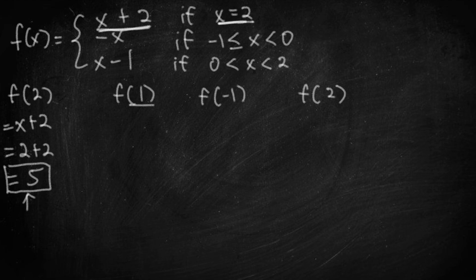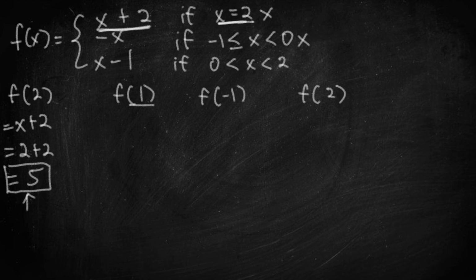Now, where the value of x is 1. So let us find the value of x if it is defined in this function. So we know that it is not this, and it is also not this, because 1 is greater than 0, and it is not defined in this formula, mind you.